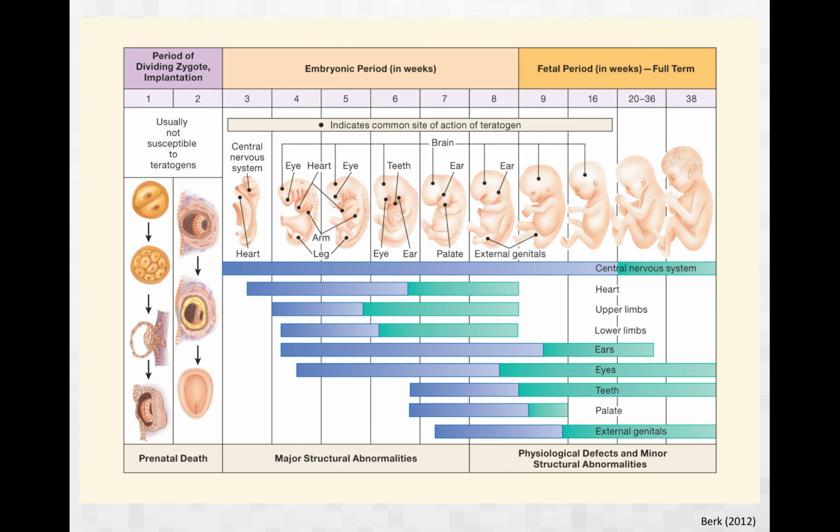So, the central nervous system is basically being developed during week 3. That's when the groundwork is set up for all of the major structures that develop from it. And so, the goal here is to show you just how harmful early exposure to teratogens is to the embryo.